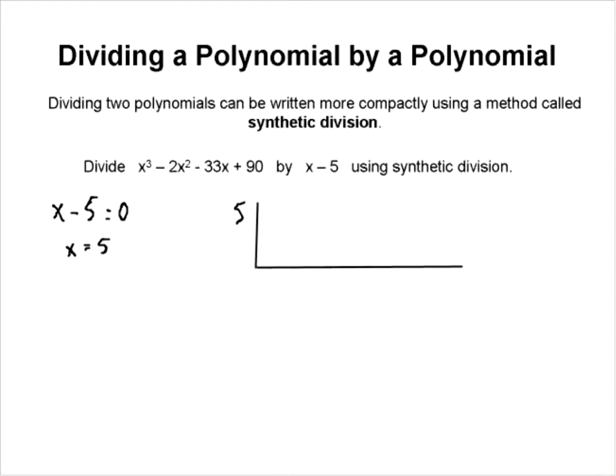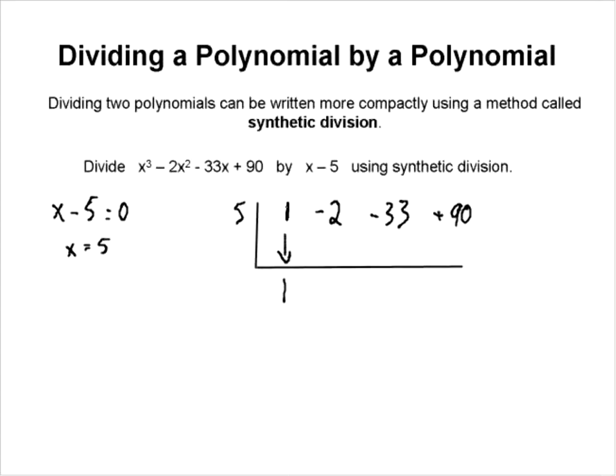So we just write down the coefficients. The first coefficient is 1. Second coefficient is -2. Third coefficient is -33. And the fourth coefficient is plus 90.